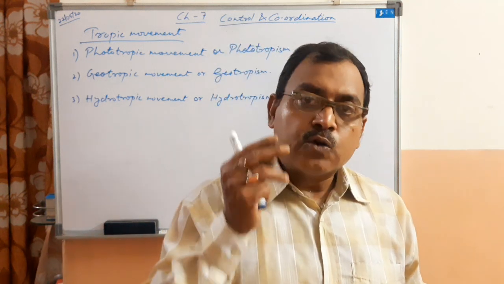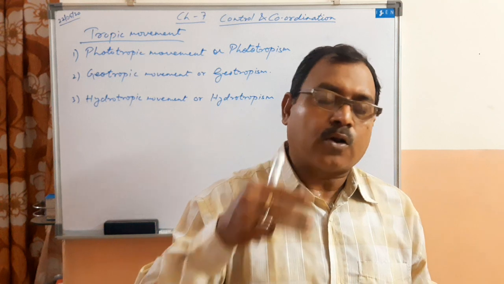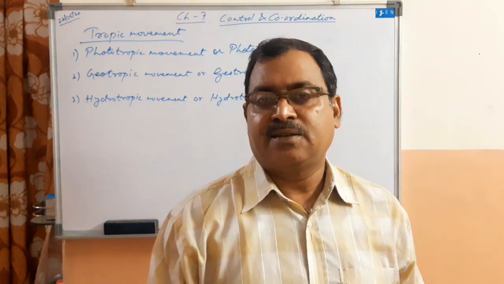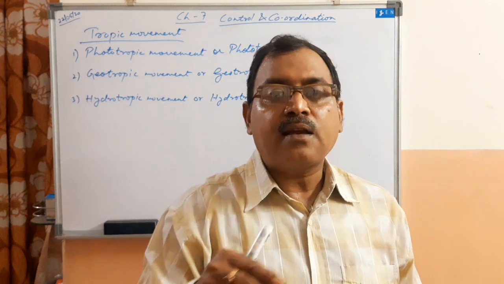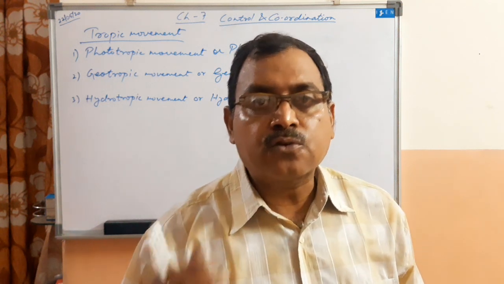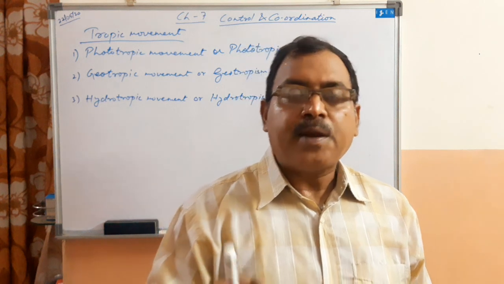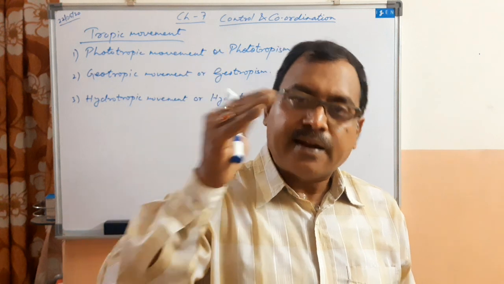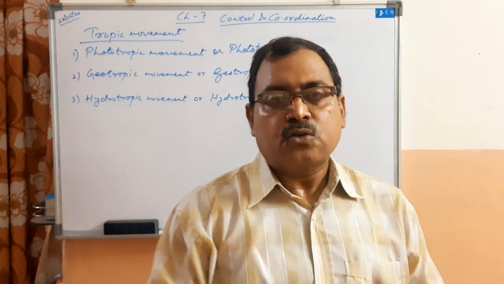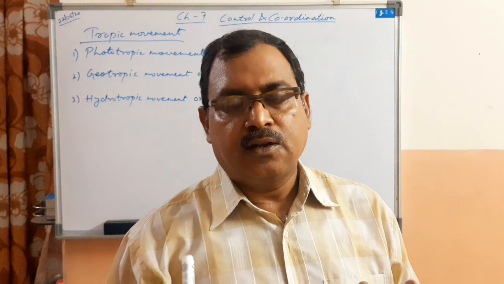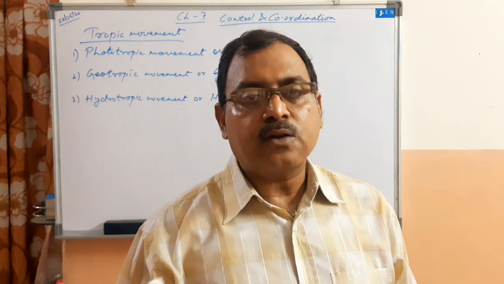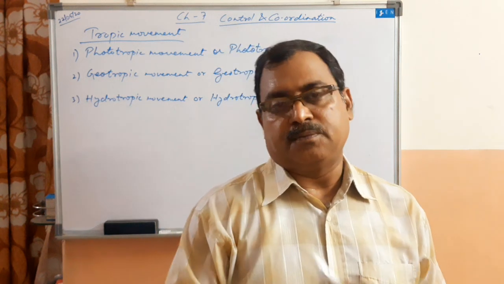Again, roots always grow under the soil towards a water source. So roots are positively hydrotropic, whereas the shoot is moving away from the ground, meaning away from the water source. So they are negatively hydrotropic. So the movement of a plant part due to the stimulus of water is called hydrotropic movement or hydrotropism.